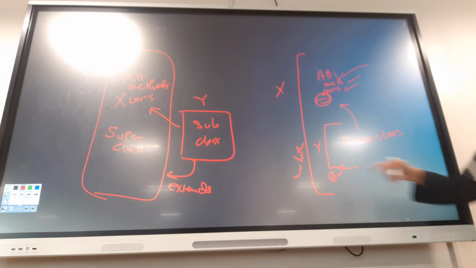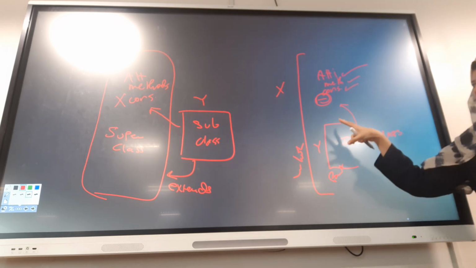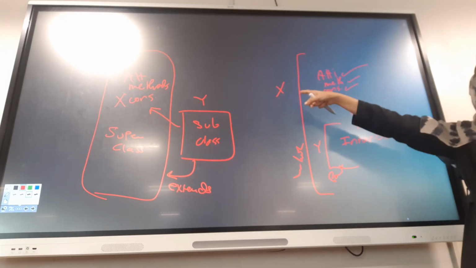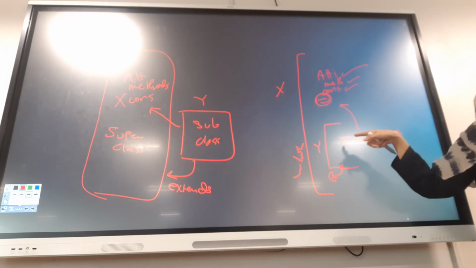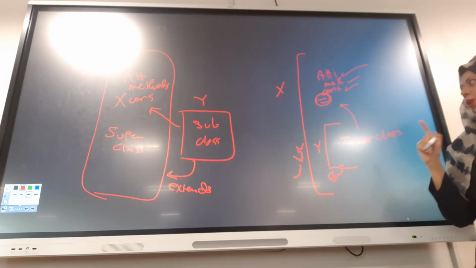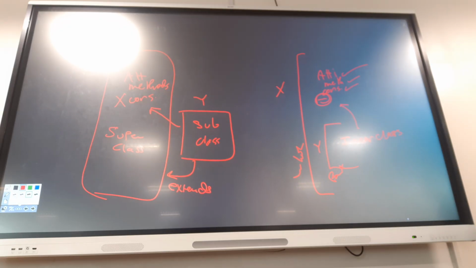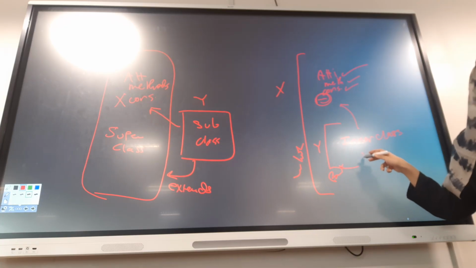Then the level of dependency can tell you whether it's aggregation or composition, right? So if this one vanishes when that one vanishes, then this is composition, right? If it will stay regardless, then this is aggregation. One more thing, how would you access, let's say, a member inside this inner class?